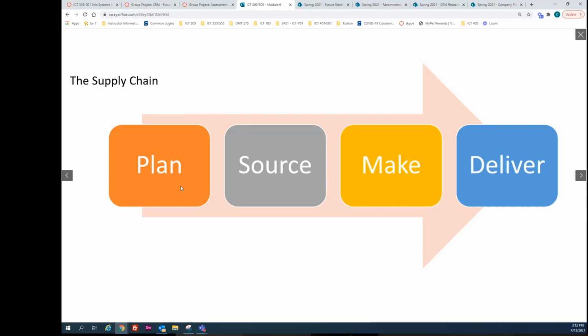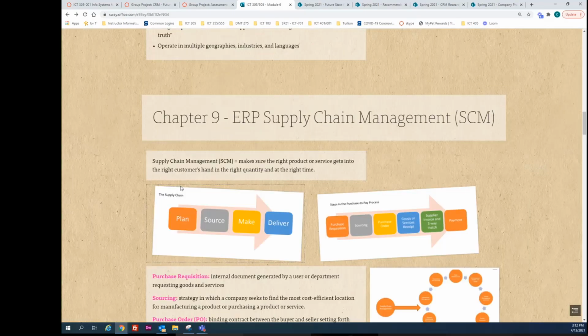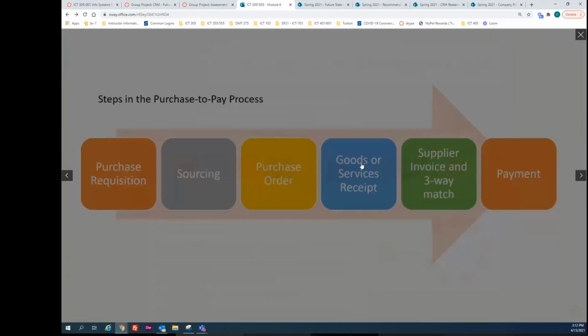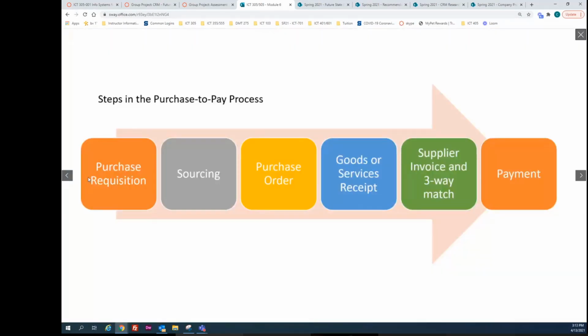I also need to think about the purchase to pay process. So let's say Walmart wants to purchase a huge stock of these bouncy balls from me because they're great, brand new types of bouncy balls. They're going to make a purchase requisition.